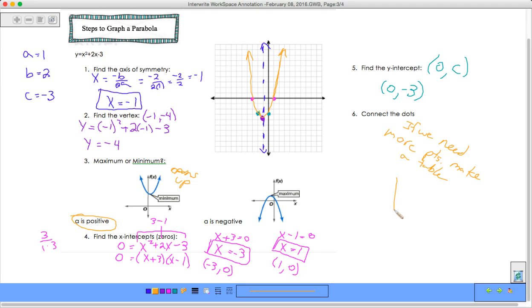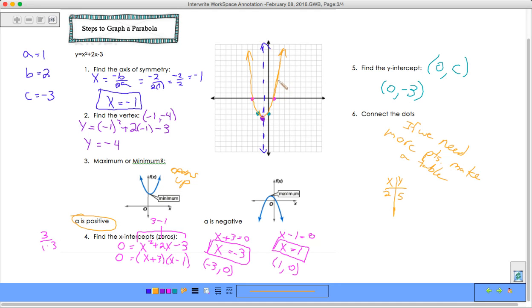So for example, I could say, okay, what if x was 2? And I could find y, so I go in here and say, okay, 2 squared is 4, plus 2 times 2 would be 4, so 4 plus 4 minus 3, so 8 minus 3 would give me 5. So 2, 5 should be a point.